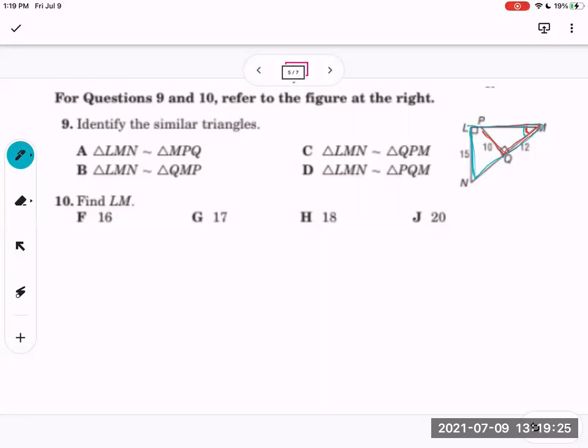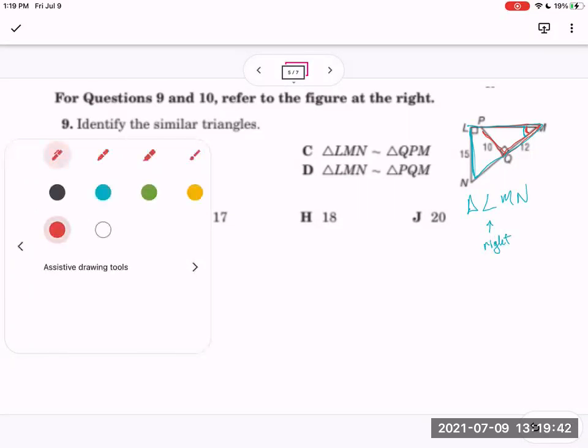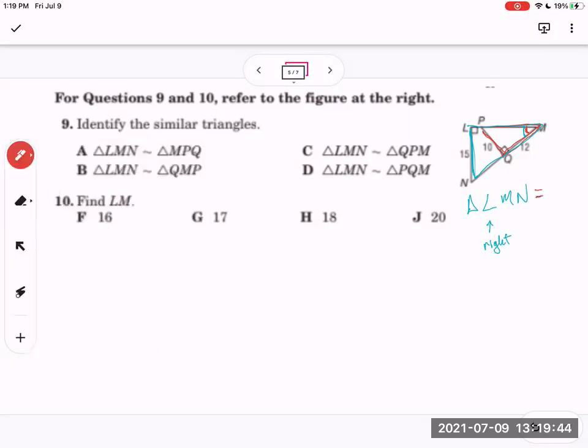And so the right triangles, the blue one, I'm going to write the blue one out. The blue one is going to be LMN. That's triangle LMN. And notice that I started with the right angle. This was the right angle. And so if I write is congruent to triangle, well, what's the right angle on the red triangle?